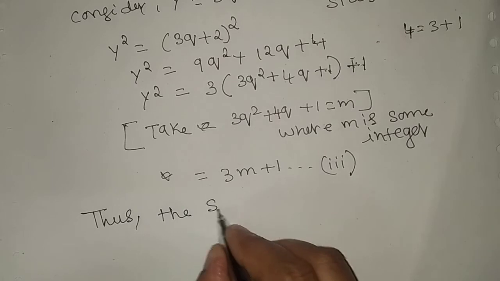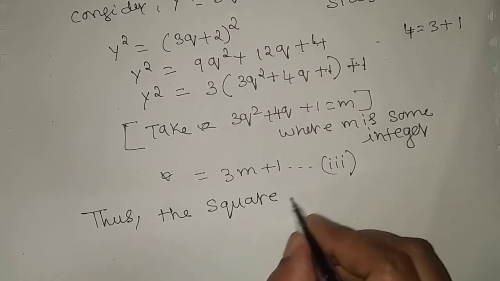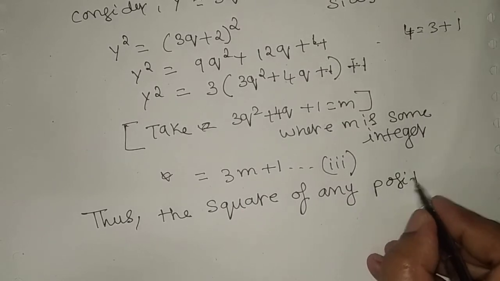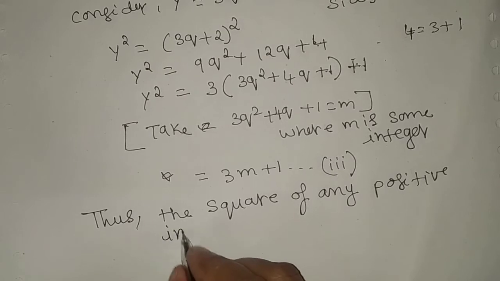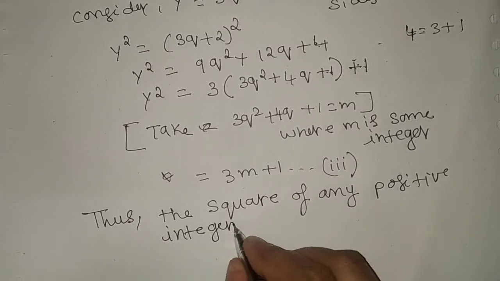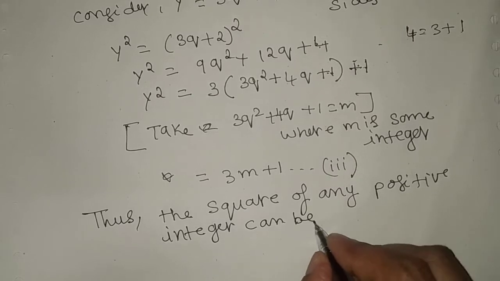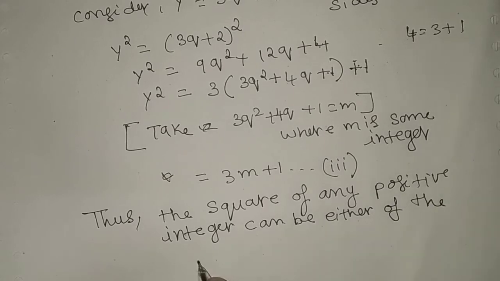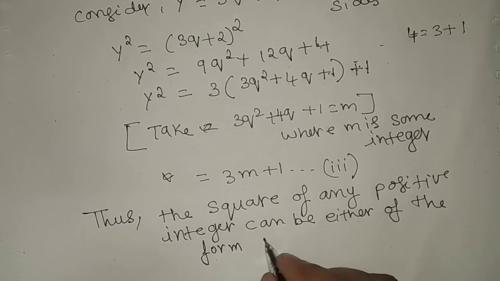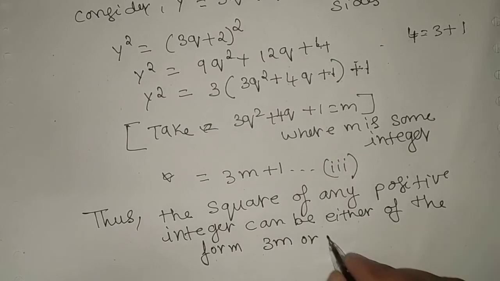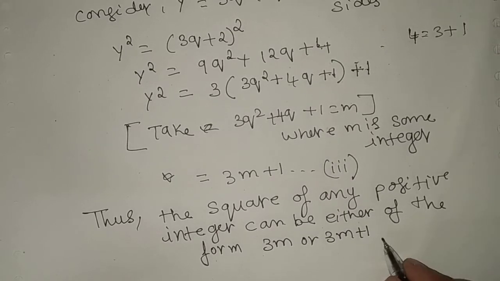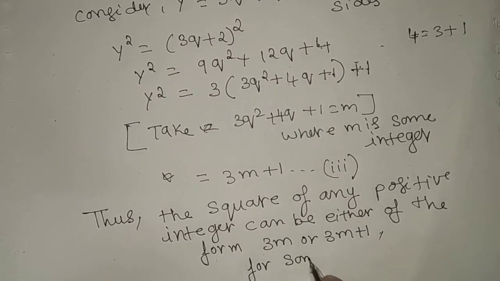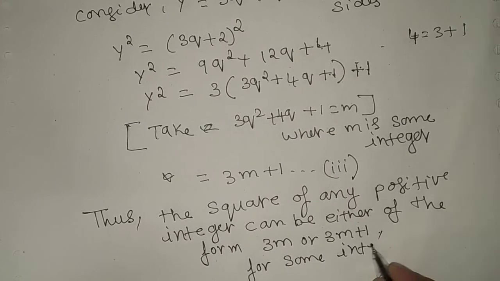Thus the square of any positive integer can be either of the form 3m or 3m plus 1 for some integer m.